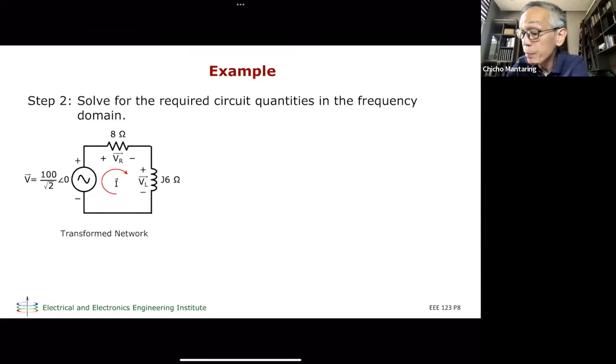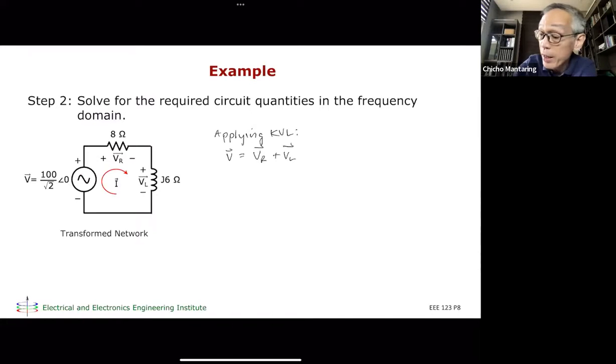So applying KVL, V is equal to V_R plus V_L. In the transformed circuit, the voltage across my resistor will also be a phasor.